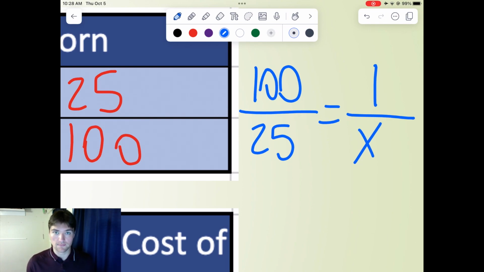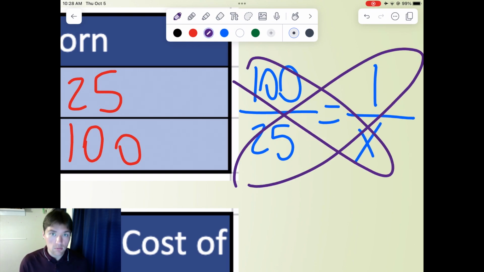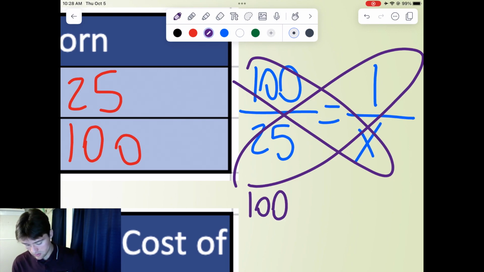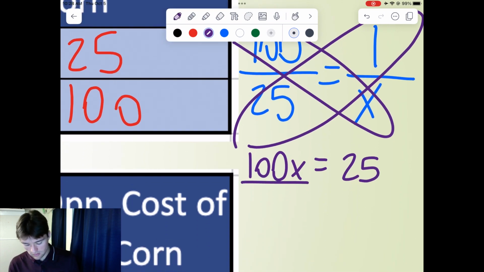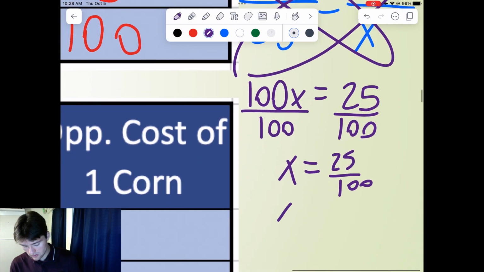It's a proportion. If you know this, this is the bat and ball method, the butterfly method. So this would be 100 times x, which is equal to 25, divided by 100. So x equals 25 over 100. And if you did this in your calculator, you should get 0.25.